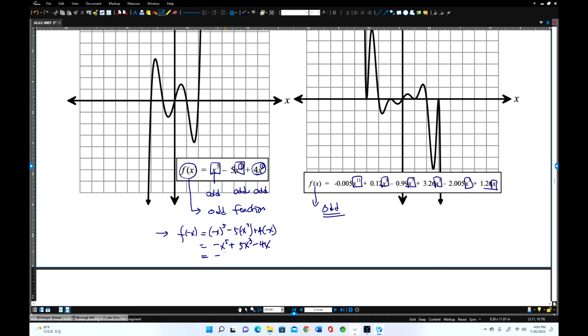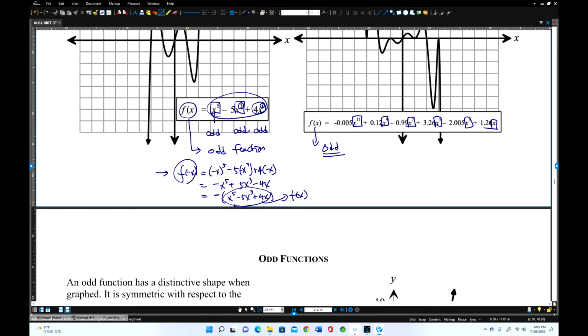When you move this negative out, inside is x to the 5 minus 5x cubed plus 4x. Okay, compare this one. This is the same thing, right? But one is plus, the other is minus, so they are odd, because this one is replaced with f of x. What did I get? f of negative x is equal to negative f of x. This is the definition of an odd function, algebraically.